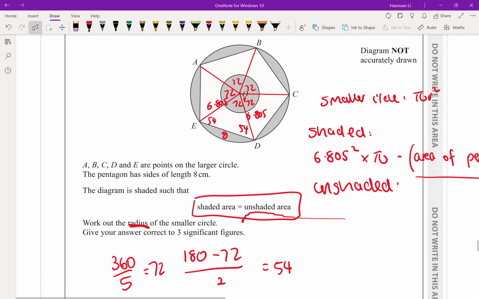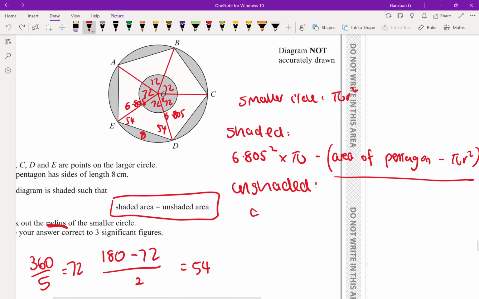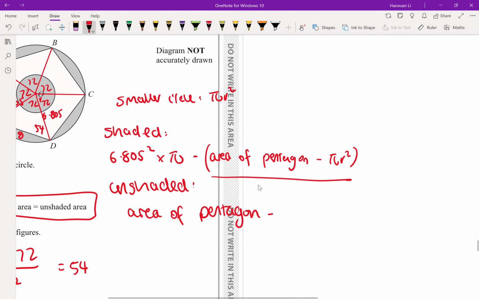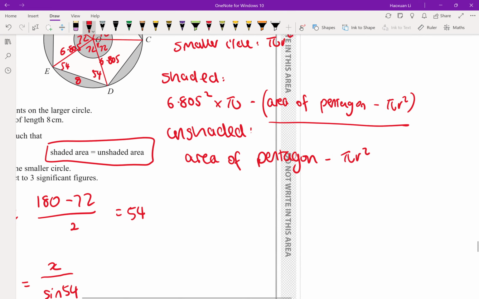So the area of the pentagon minus pi r squared.